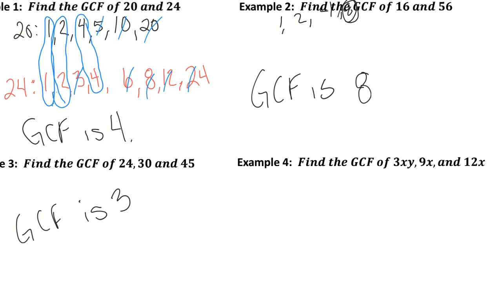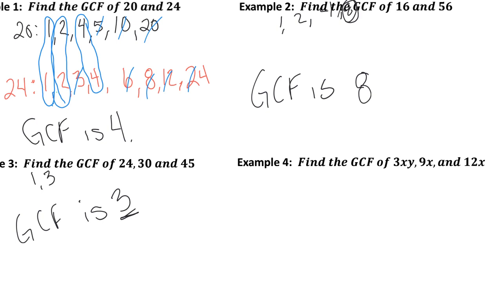So I feel like a lot of you stopped after 4, but it does go up to 8. The GCF for example 3 is 3. Okay, so you're comparing all 3 of those numbers, 24, 30, and 45, and it has to be something they all share. So they all should have shared 1 and 3. So 3 was our GCF.